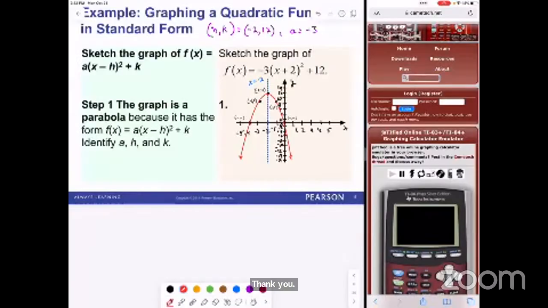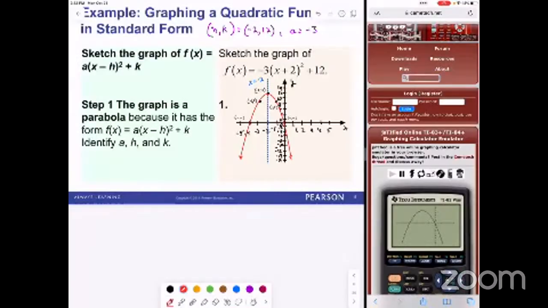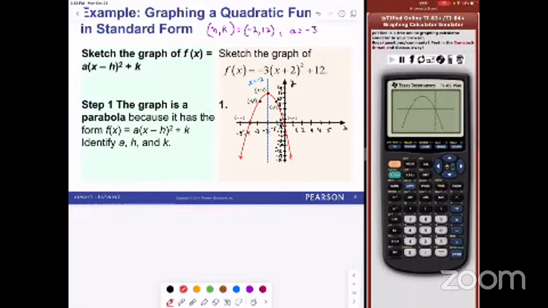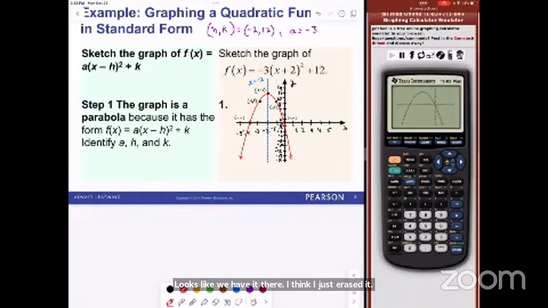Looks like we have it there. Oh, I think I just erased it. So negative 3 parentheses x plus 2 quantity squared plus 12. Window, hang on.